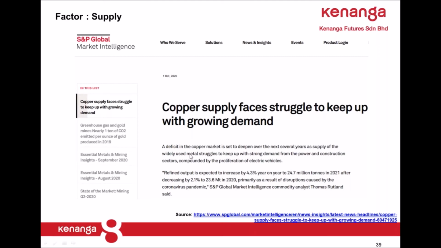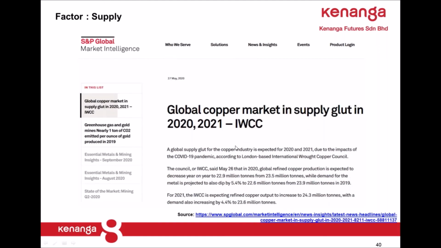The first thing is the strong demand, and the second is the supply, because as you are aware, we are in a pandemic and there will be less workforce working at the mining site and also the refinery site. This makes copper supply limited for this period of time, and that's one of the main reasons why copper prices have been pressuring upwards. Okay.